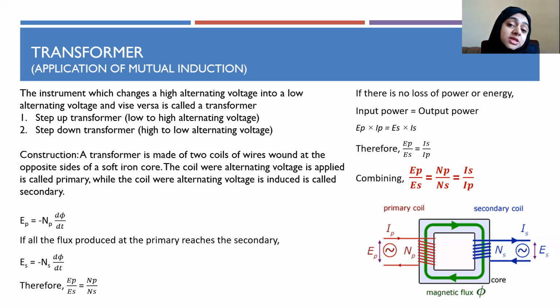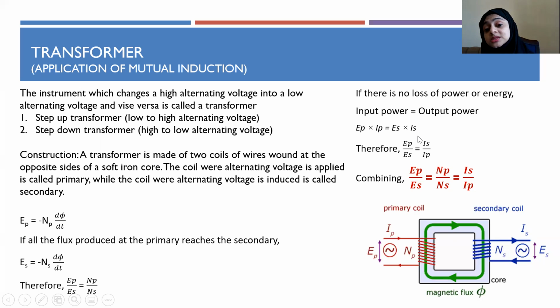What is power? How will we express electrical power? We have learned that power is equal to V into I. V is the voltage, I is the current. So here we are expressing voltage by the letter E. So power in the primary is equal to EP times IP, voltage times current in the primary.